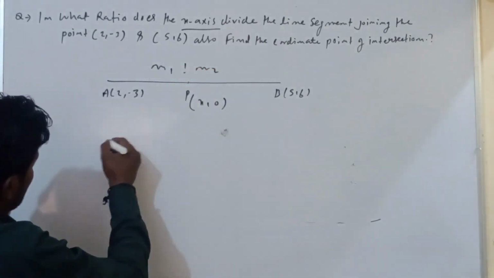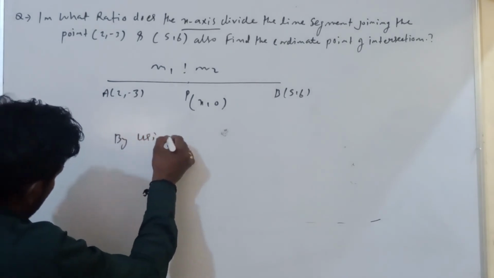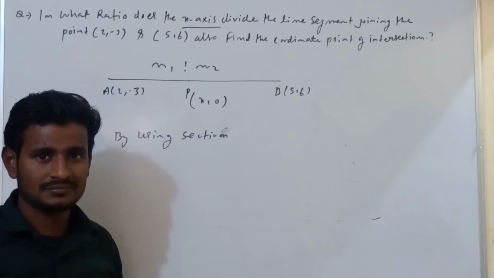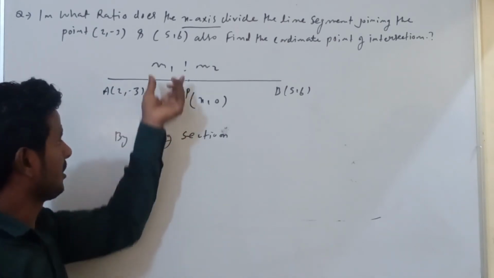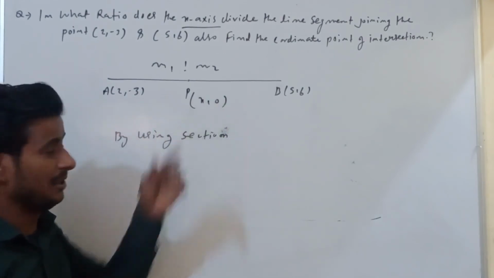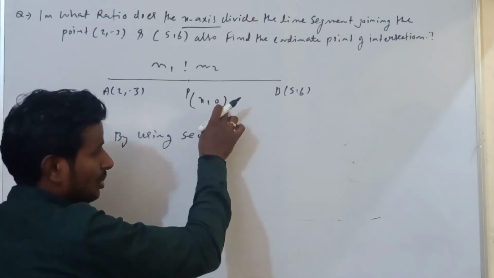So we can calculate the ratio by using the section formula, in which point P divides the line segment AB. Because the point P lies on the x-axis, the coordinate of y is 0.